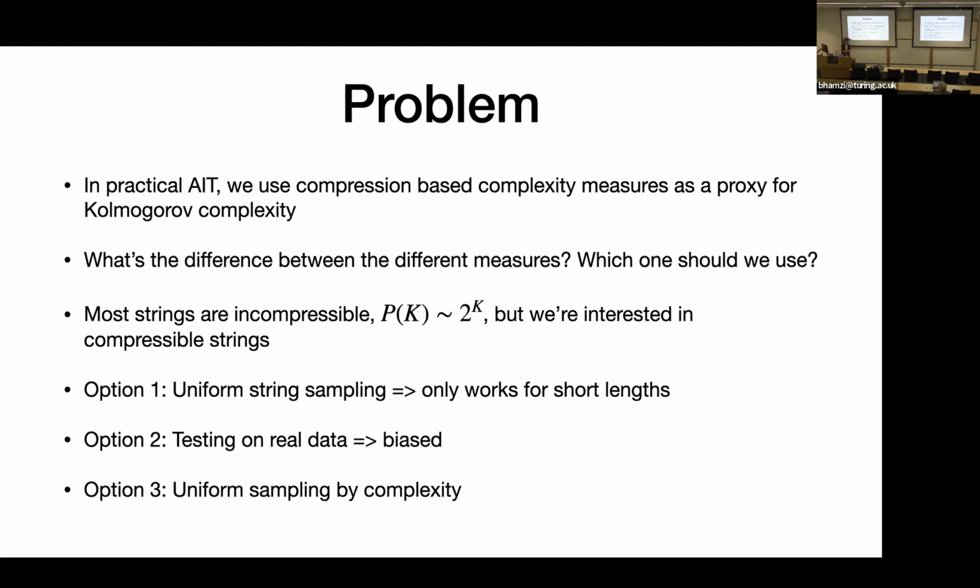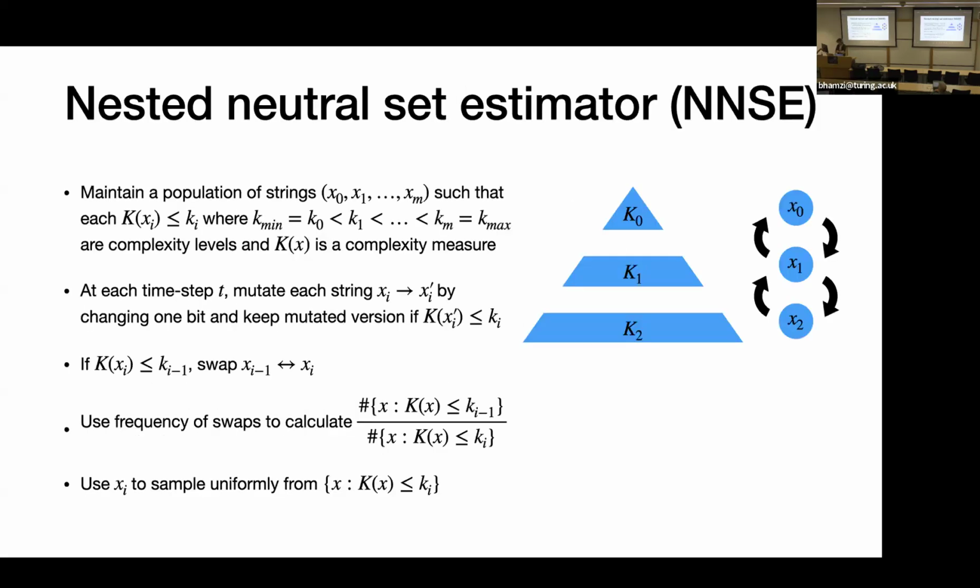So we found a third way of comparing complexity measures, which is sampling strings at every complexity level and comparing them on those. For that, we use something called a nested sampling estimator, which is a Markov chain Monte Carlo kind of algorithm. Basically, let's say Kx is a complexity measure, something that approximates Kolmogorov complexity, like Lempel-Ziv.